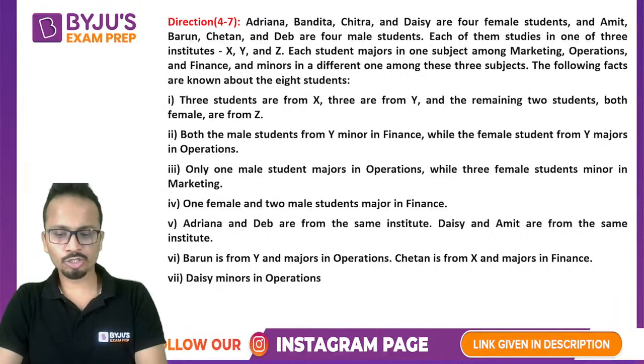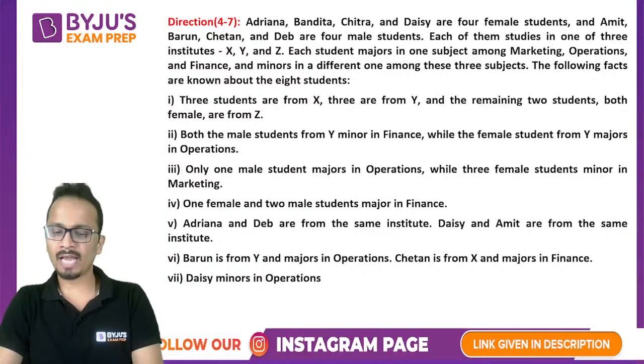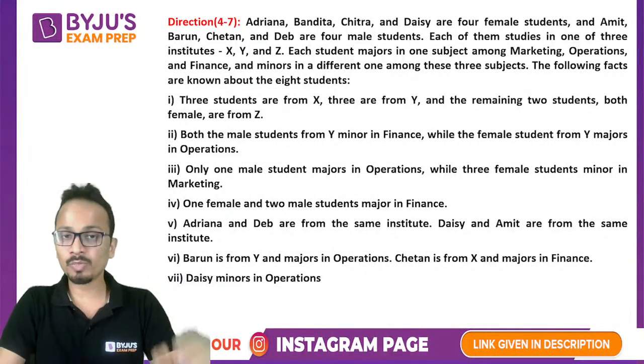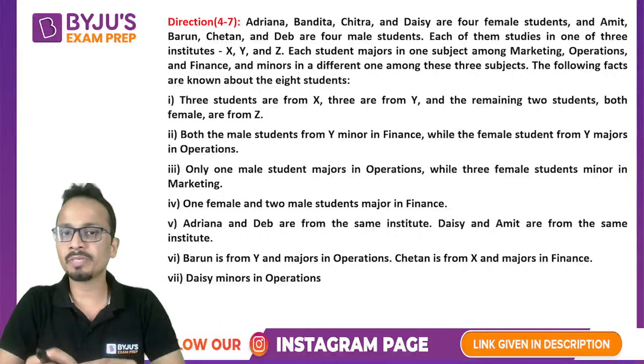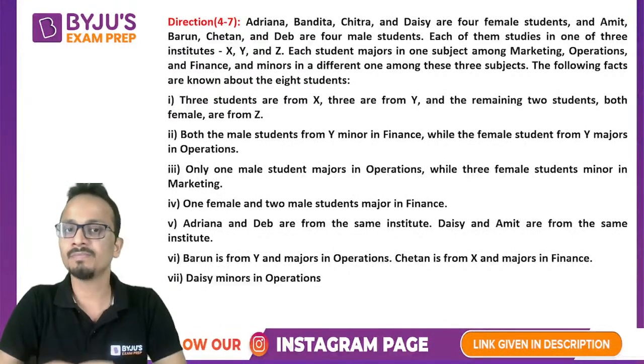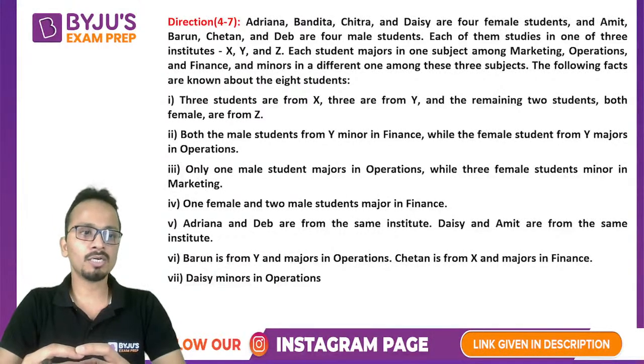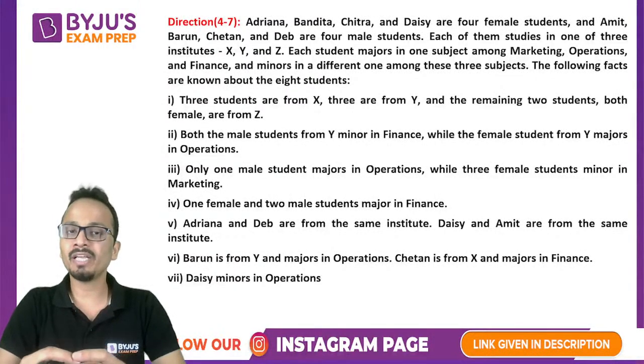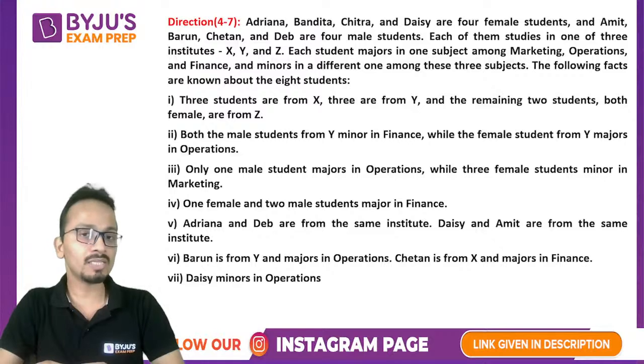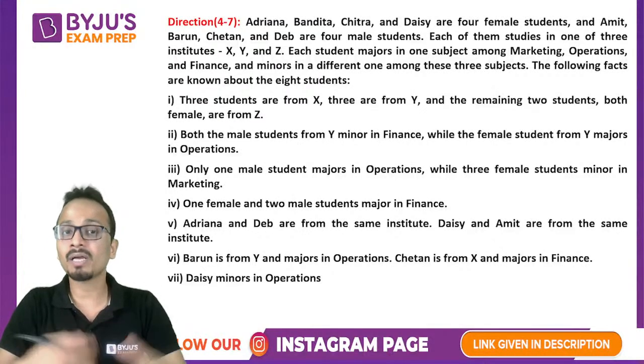John, you asked one question: should we focus on accuracy or should we focus on speed? To start with, at the initial stages of your preparation, you must focus on accuracy. Accuracy is one thing that you can maintain from the beginning. Speed is one thing that you will build up gradually.